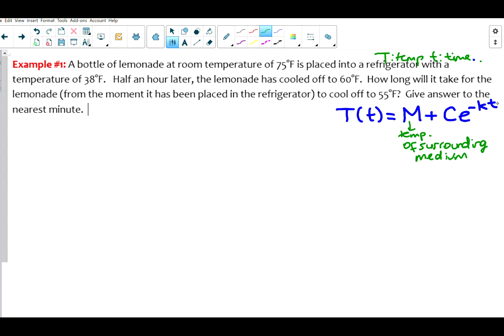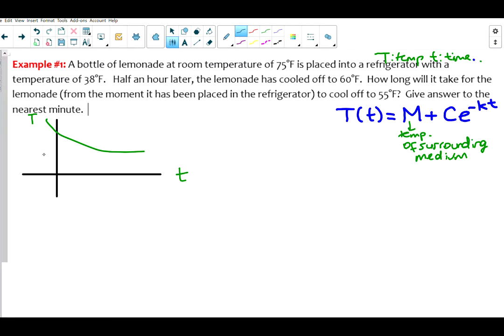And so let's do a very simple graph here to represent what's happening. So let's see, the x-axis will represent the time, and the y-axis the temperature. So we have an object that's cooling off in a negative exponential pattern. So very roughly speaking, this is what the graph might look like.